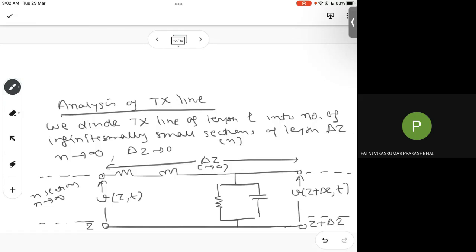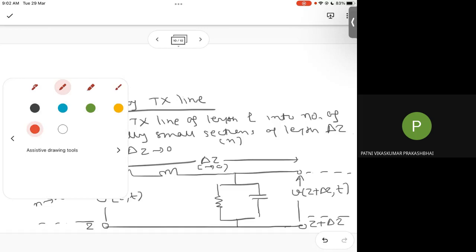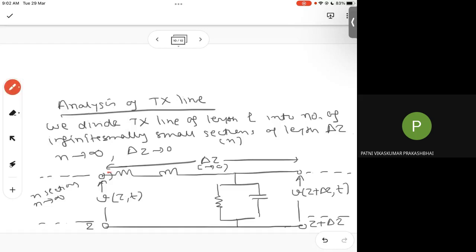And the current that passes through this is I(Z, t). Small letters, as we understood, are for AC voltages and AC currents. And my current here becomes I(Z plus delta Z, t).